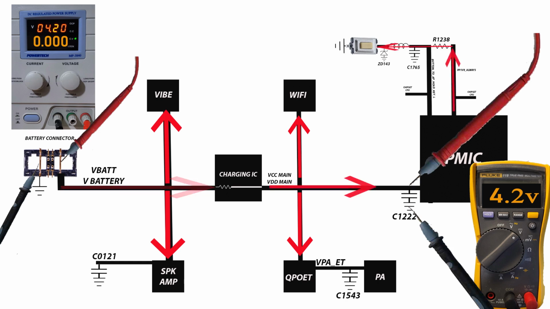If it is less than this, you can understand we have a leak on the main voltage. And if it's showing 0, that means the charging IC has a problem, or you need to go back and check the battery connector, maybe it has a problem, or maybe the cables on the multimeter or DC power supply have a problem, and need to be checked. That is very simple, and you can find the issue in there.